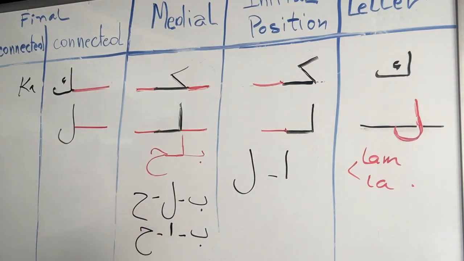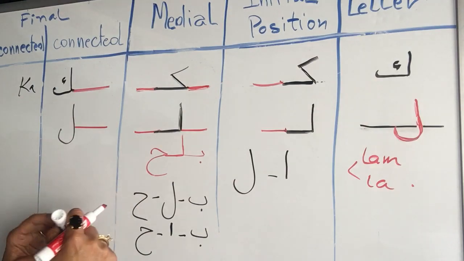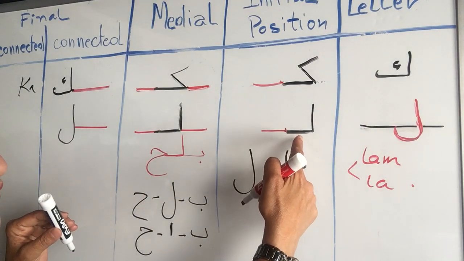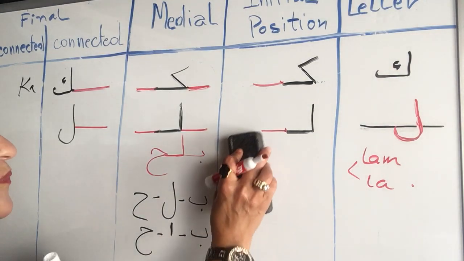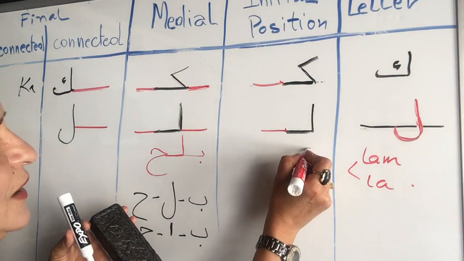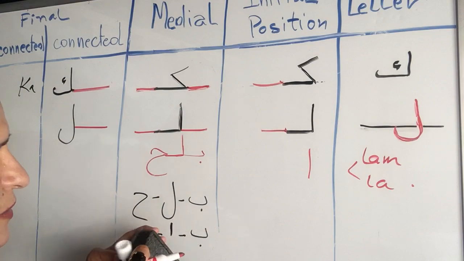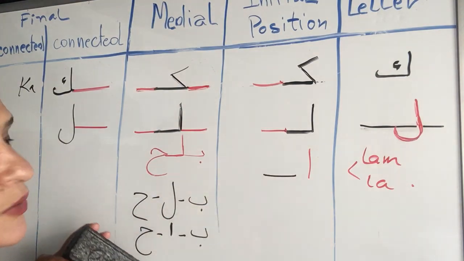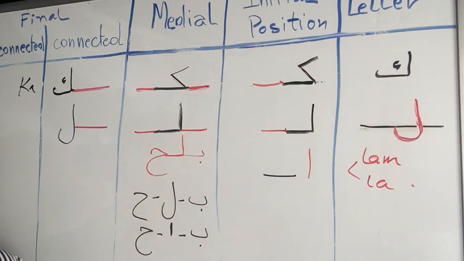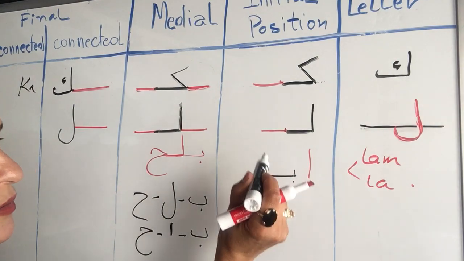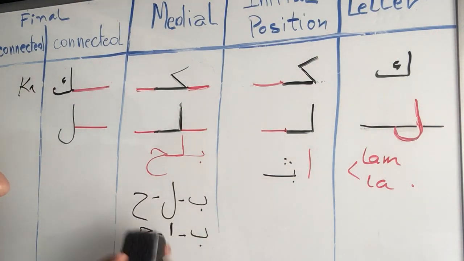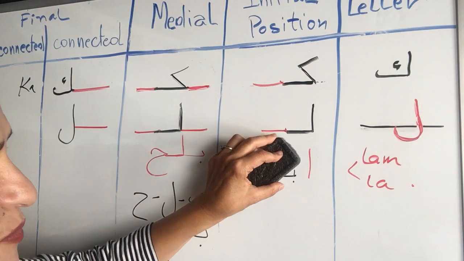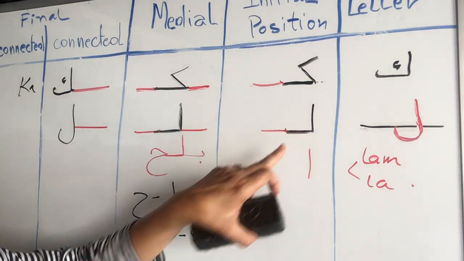They connect before, but they don't connect after. Okay? So if I have alif here, it's going to be like this. I will have alif, and then no connection after alif, and then I will have any other harf. Ba, or ta, or tha, or anything. Okay, so this is how you know the difference between alif and lam.